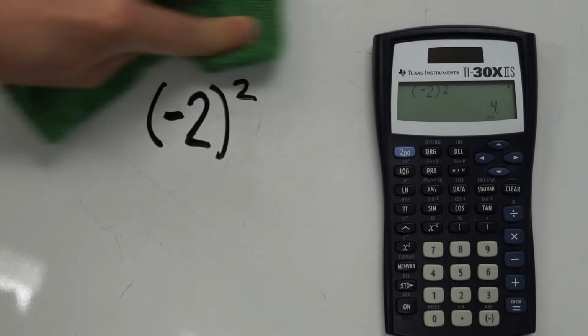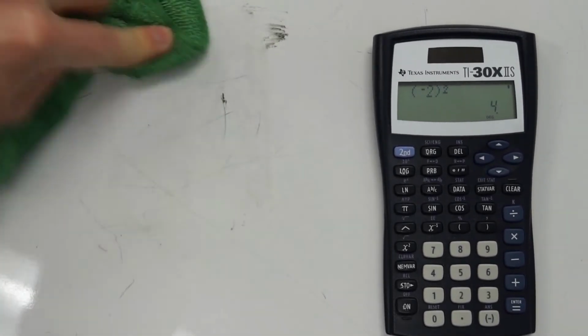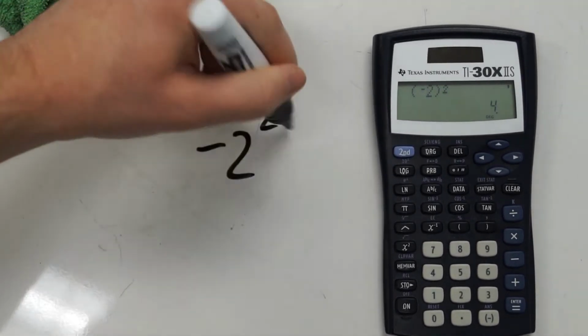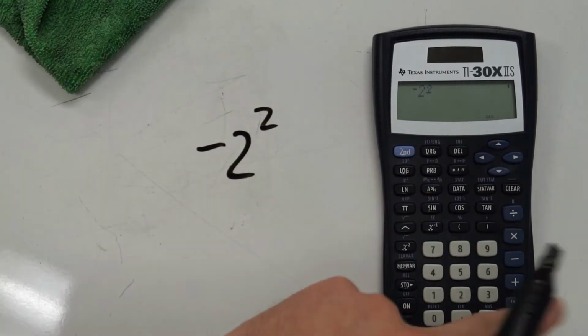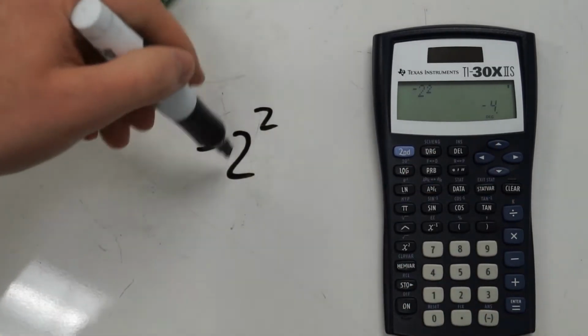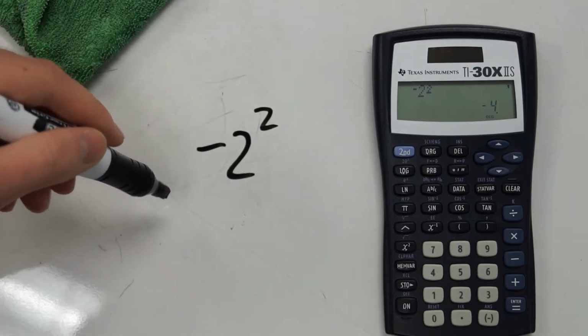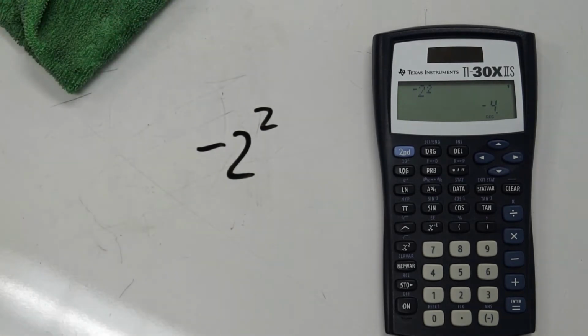If you don't do the parentheses, however, that's going to do the squared first and then put the negative.